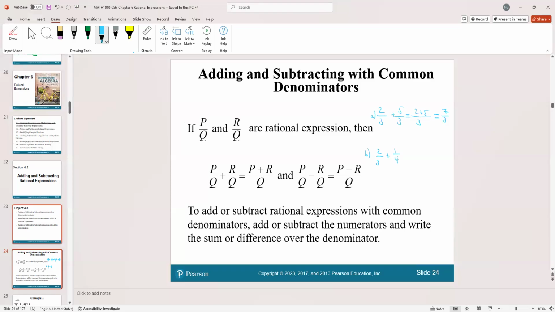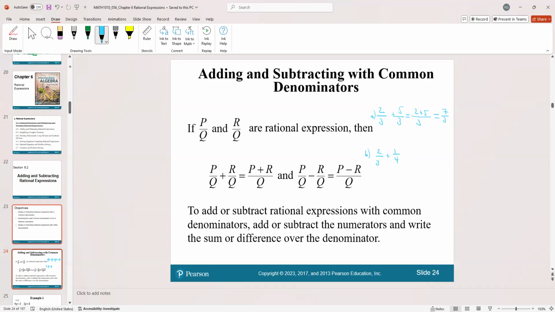We know 6 divides 3 but doesn't divide 4. 8 divides 4 but doesn't divide 3. 9 divides 3 but doesn't divide 4. 10 divides none of them. 11, no. So 12 is the one that can divide 3 and 4, because 12 divided by 3 is 4 and 12 divided by 4 is 3.